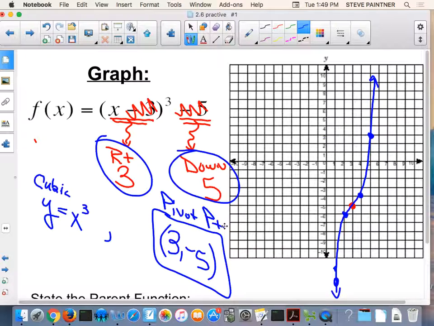When it comes to x squared, it is 0, 0, 1, 1, 2, 2. Explain the right. And if we did right 3, squared 1.